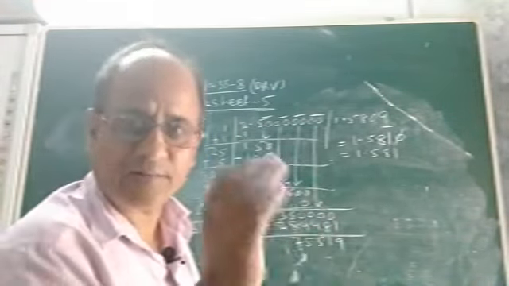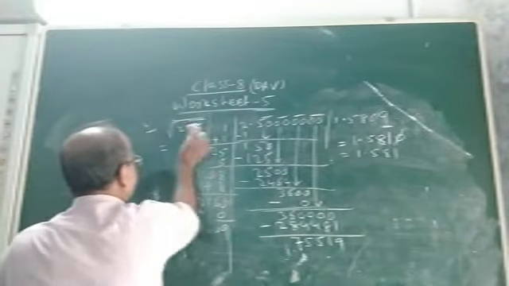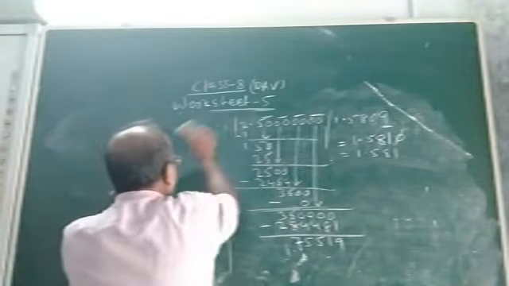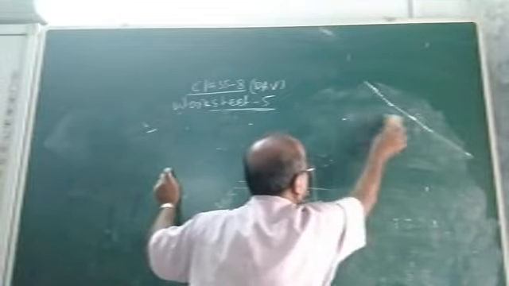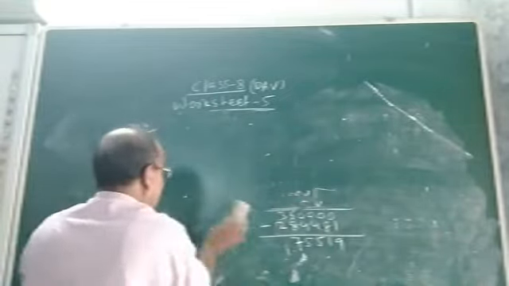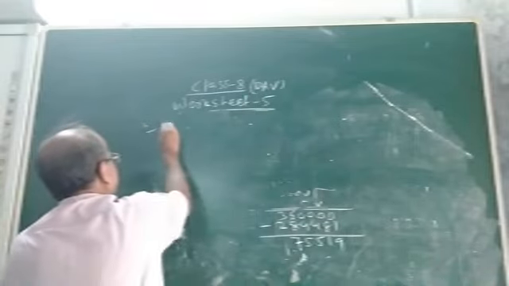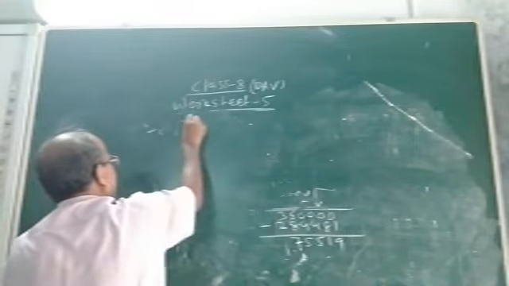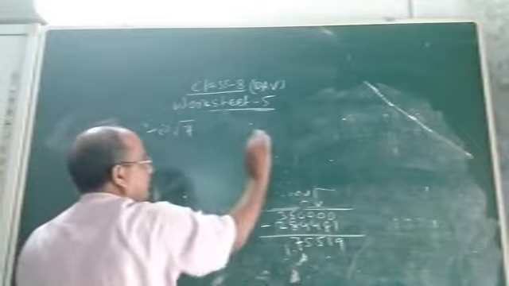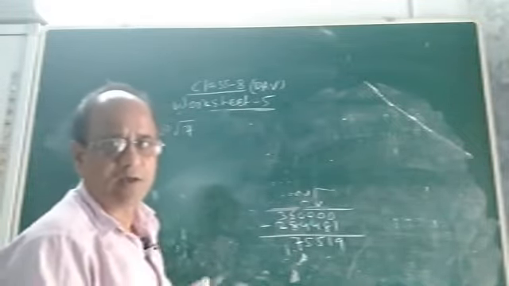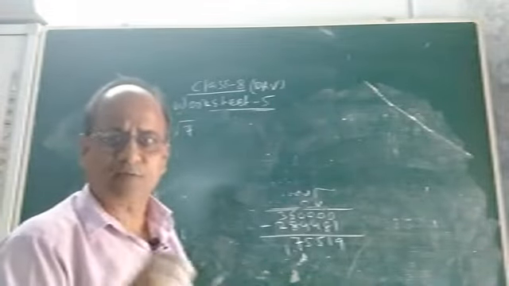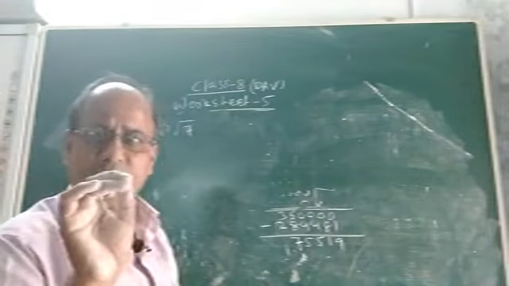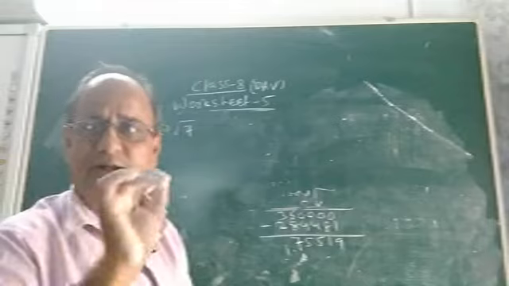Let us find the square root of 7 correct to 3 places of decimal. Let us find out how to do. What is the question? We want to find the square root of 7 correct up to 3 places of decimal. So after the point, we have to take 8 places or 8 digits.